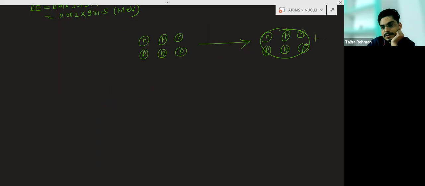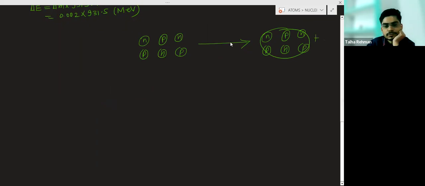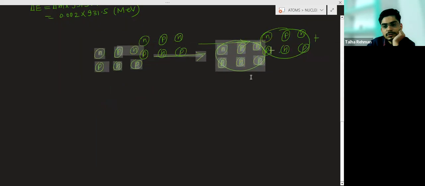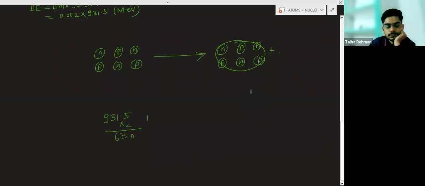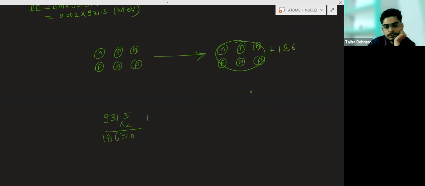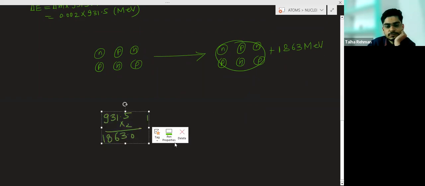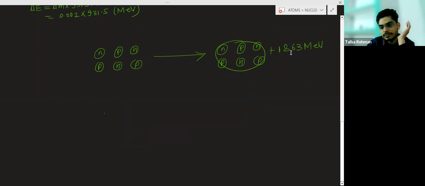And it is given that this much amount of energy is releasing in the formation of the nucleus: 1863 mega electron volt energy is releasing.